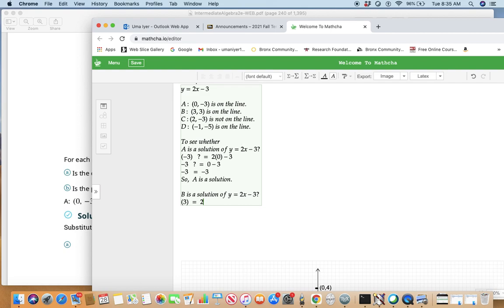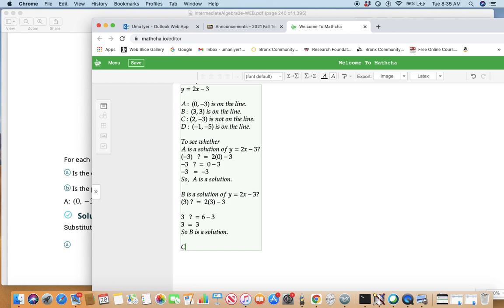And where I see x, I place 3. Question is, is this equal to this? Well, left hand side is 3. Question is, is it equal to this? 2 times 3 is 6 minus 3. 3 equals 6 minus 3, yes. So B is a solution.